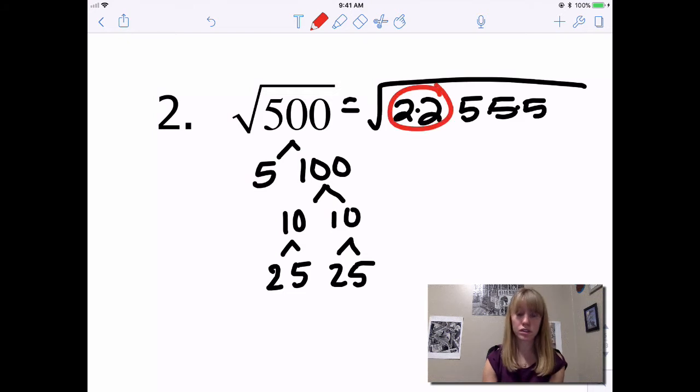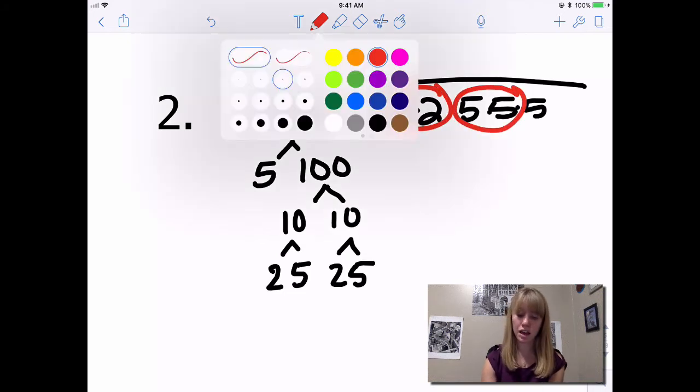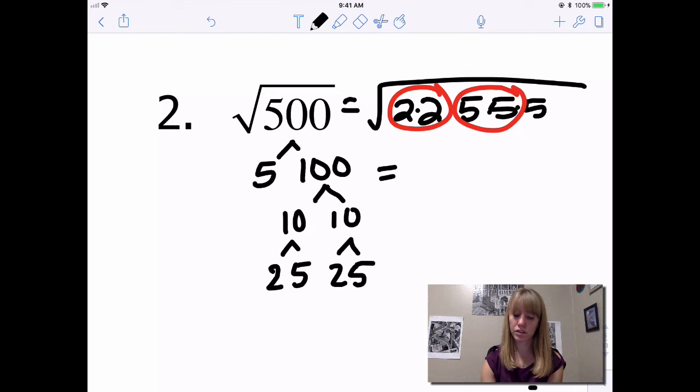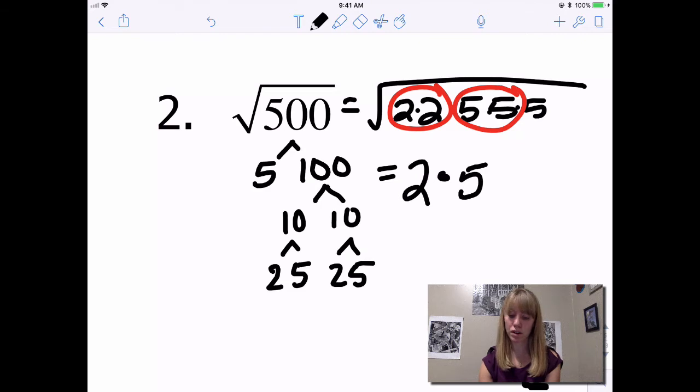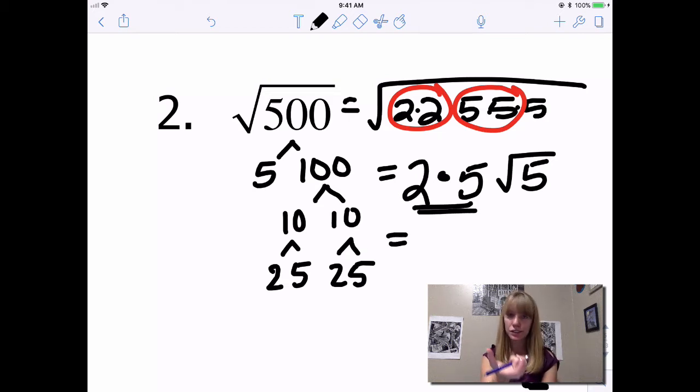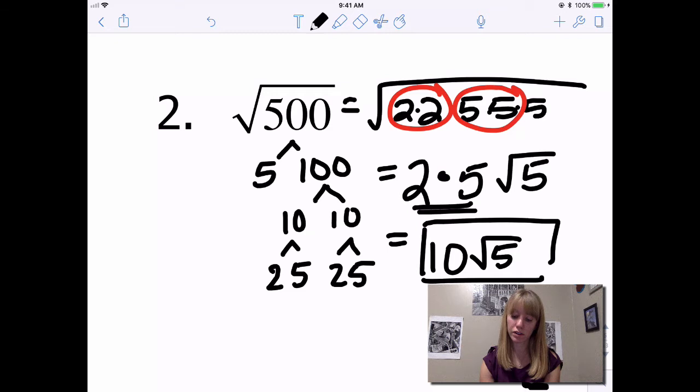I've got a pair of 2s, I've got a pair of 5s, and then just one leftover 5. So my pair of 2s will undo the square root and come out. My pair of 5s will undo the square root and come out. And what's left over is a 5 under the square root. Final step, I can actually multiply those two numbers because they're just two numbers multiplied together. That is going to be 10 square root of 5.